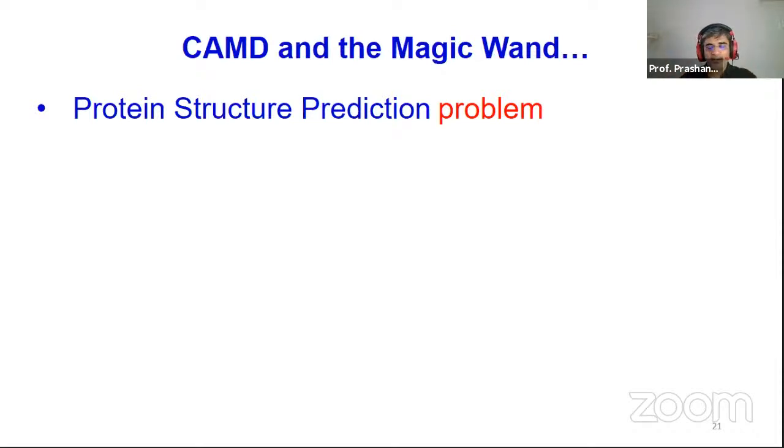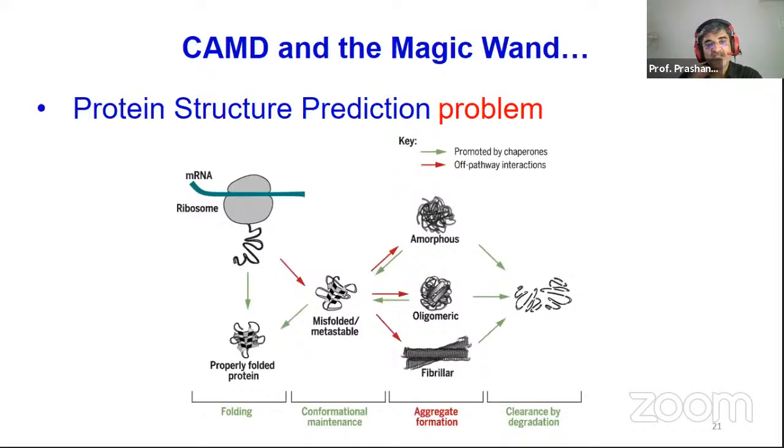So that's where today's computational tools are not really equipped. This is what is shown here. The mRNA binds to ribosomes, and the protein goes on adding all the codons. The protein gets made, and then molecular chaperones help in folding it properly.